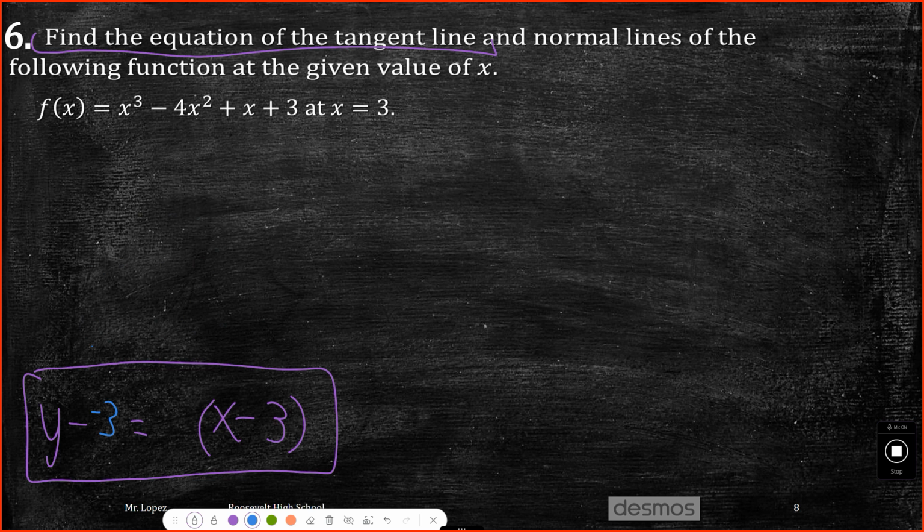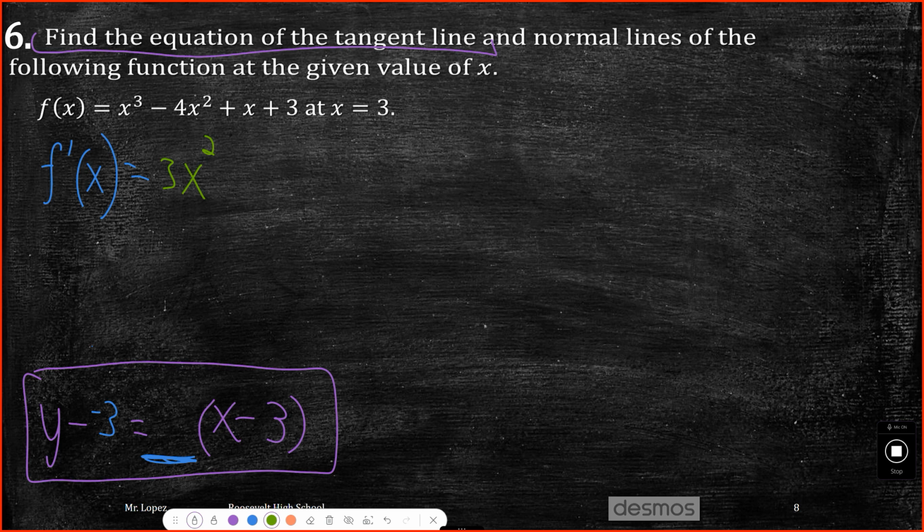Now this is the calculus. No? Take the derivative to find this part. F prime of x. So what's the derivative? Help me out again. Anybody? What's the first part? 3x squared.